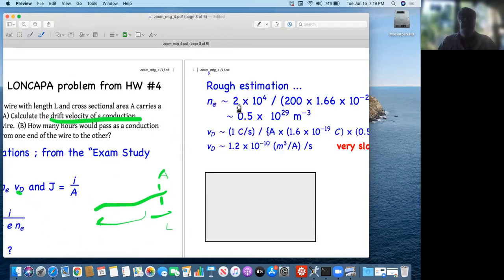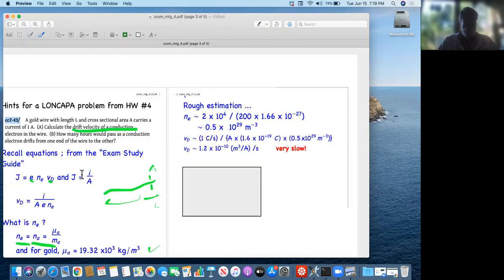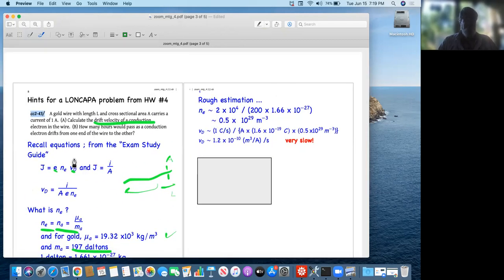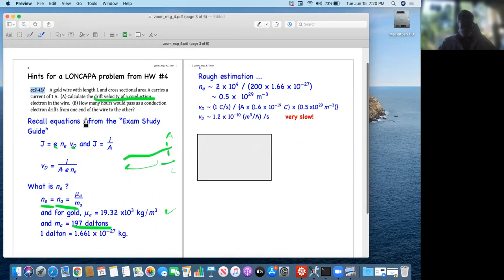So let's see what we get. Let's just make a rough estimate. I won't calculate it exactly for gold. The density of electrons is, we call this 2 times 10 to the 4th, that's mu, divided by M. M is 197, well, I'll call it 200 Daltons.